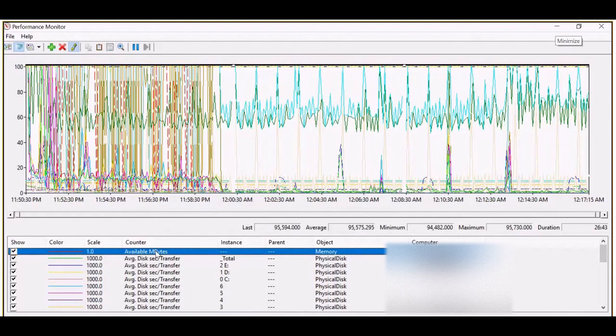Down in this middle part here, this is the last value that was recorded. This is the average over the time that we've collected, this is the lowest it got, and this is the highest it got. So what does this value mean? This is megabytes. So what is 95,730?